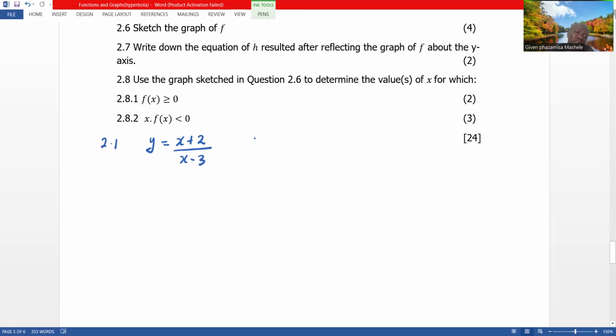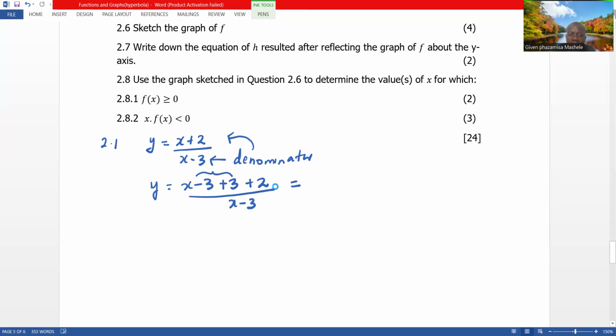What I want to do is I want this denominator to be at the numerator. So this will be y equals x minus 3. But since I want this to be 0, I have to add 3 and also add the 2. I believe you're following why I'm doing this. Then divide by x minus 3. Then again we group the x minus 3 because it's what I'm looking for together.